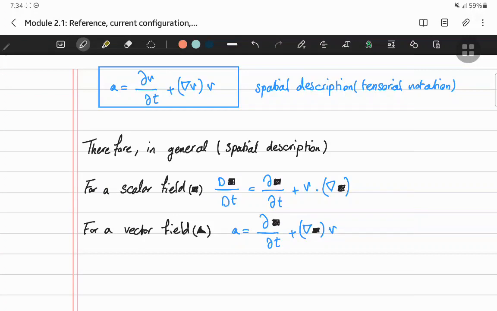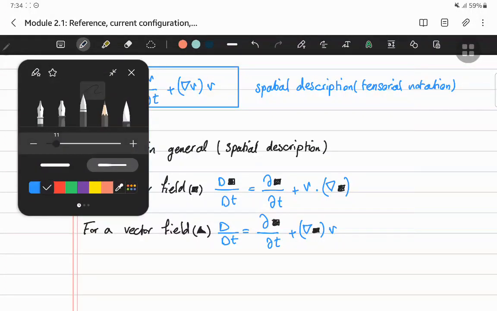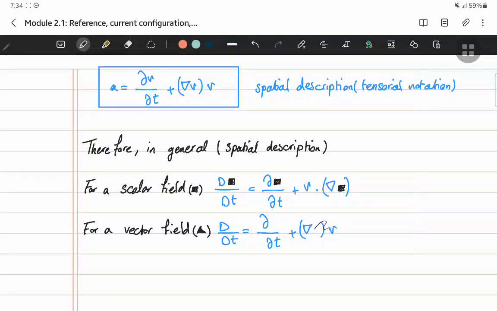And instead of writing this A, maybe I write d dt of, sorry, and this is, of course, a black triangle.